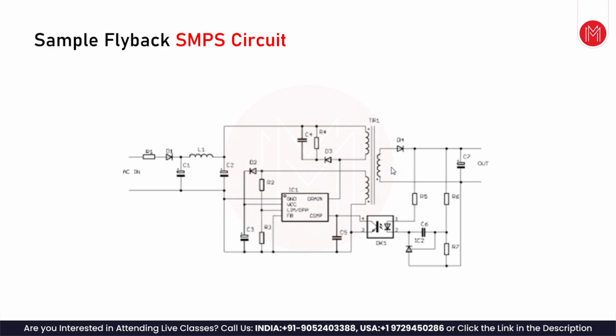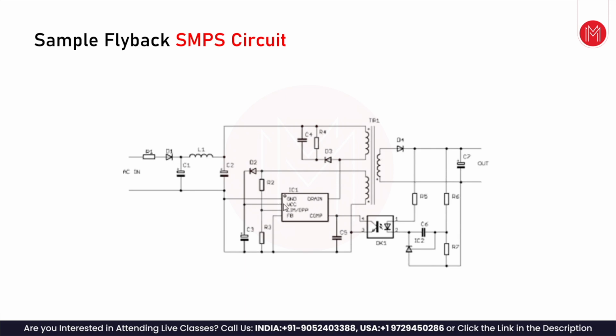We are creating a power supply, generating an output power supply, but at the same time the IC also needs power. That is DC power, not the unregulated DC. For that reason there is an auxiliary coil that generates a VCC. This is the VCC output that's connected through a diode here to VCC.